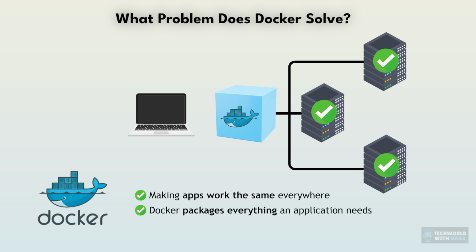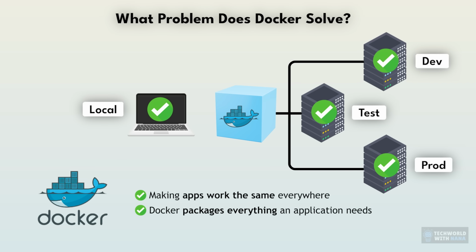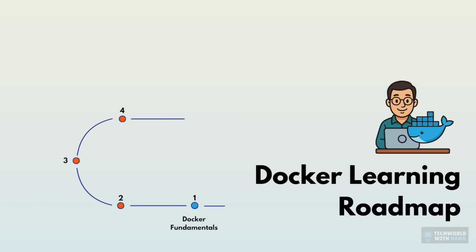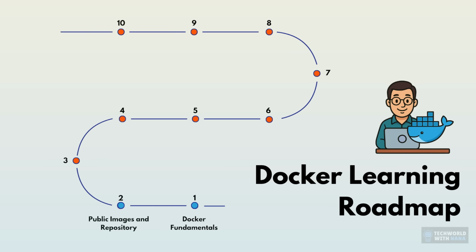Because Docker packages everything the application needs, the application code itself, the libraries and dependencies, into standardized containers, your application will run the same way on local development, testing, and production environments without the "it works on my machine" problem.